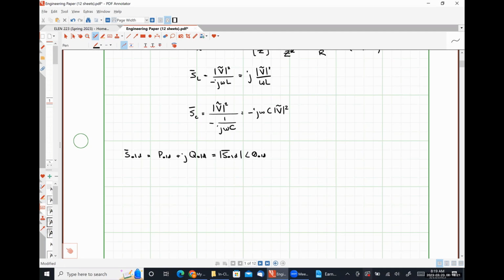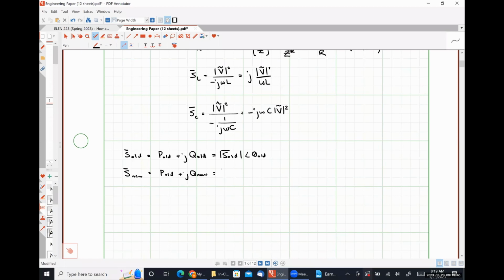Okay. S new is simply P old plus JQ new, right? We hold our average power constant. We're only changing the reactive power.